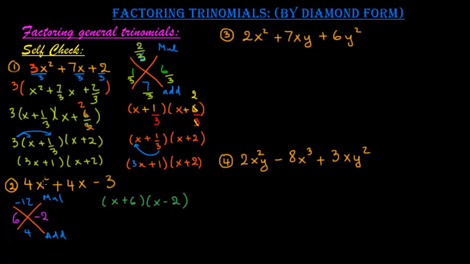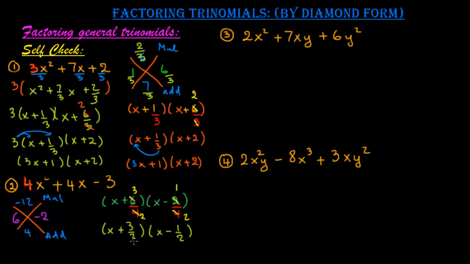Then we divide by the leading coefficient. My leading coefficient is 4, so the numbers will be divided by 4. Can we reduce them? 6 and 4, if I reduce by 2, that gives me 3 over 2. 2 over 4, if I reduce, gives me 1/2. So my next answer will be x plus 3/2 times x minus 1/2.